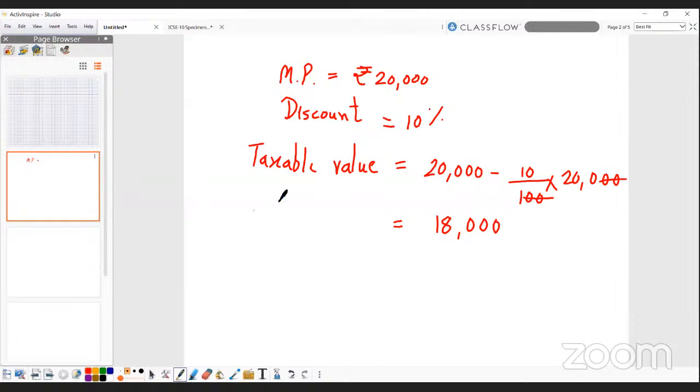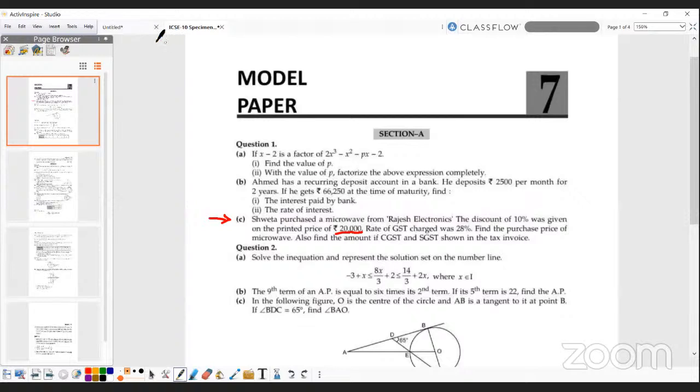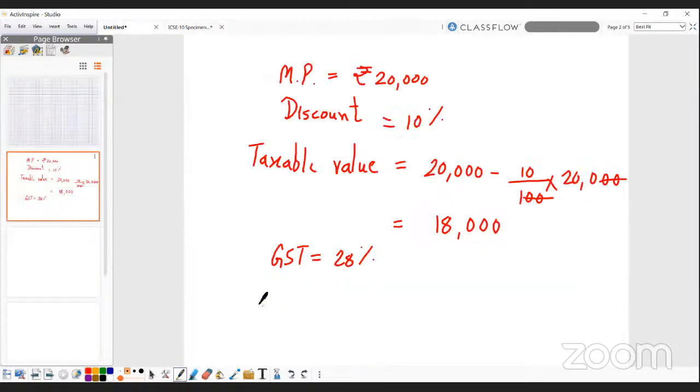Okay. Now GST rate was 28%. So we will get the purchase price as 18,000 plus 28 upon 100 into 18,000.